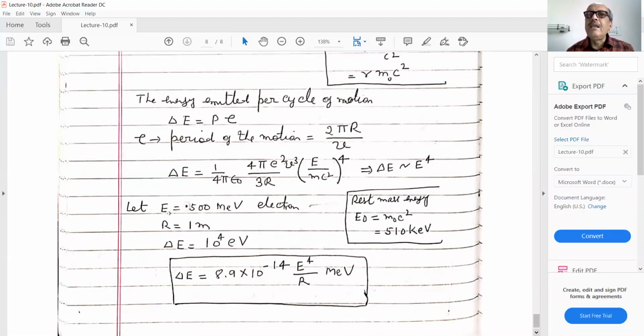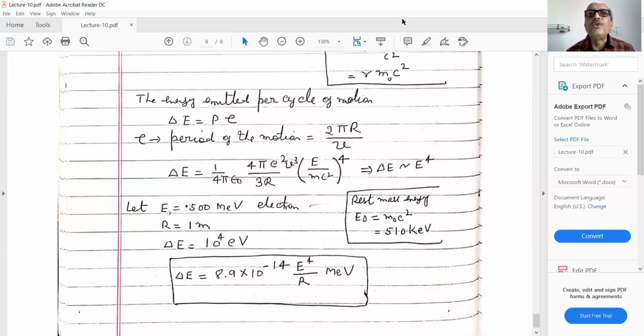So you have the linear radiation case and the synchrotron radiation case. Synchrotron radiations are the ones emitted by a charged particle moving in a circular path, or in general in a curved path. And linear radiations are the radiations emitted by a particle in a linear path, in a straight line motion. So that is the difference between the synchrotron radiation and the linear radiation.